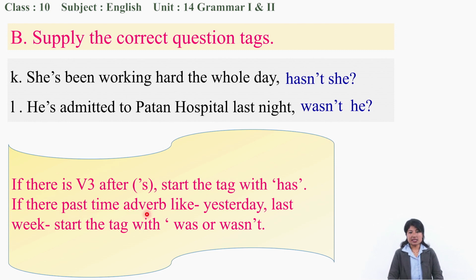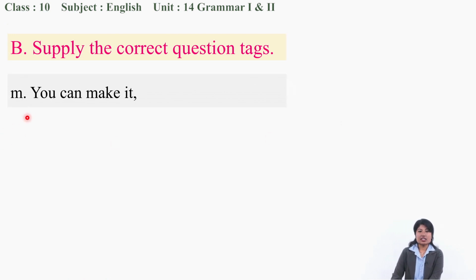Here apostrophe s is has, that's why hasn't she. And in exercise L, "last night" is there, that's why this is past. He's is was. Wasn't he? Okay, let's continue.